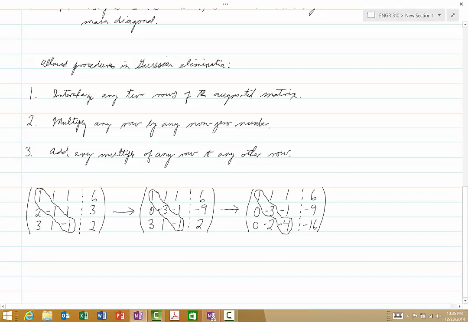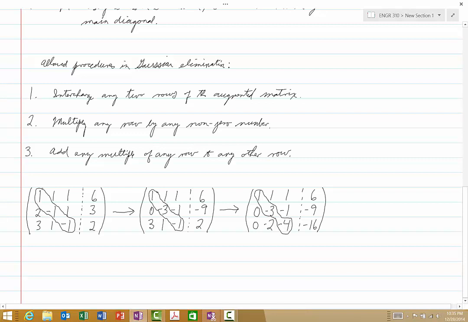Instead, what we want to do is add a negative 2/3 times the second row to the third row. This won't mess up the zeros here, but it will introduce a zero here. So the theme here is that when you're eliminating terms in the first column, you do that by adding multiples of the first row to lower rows.